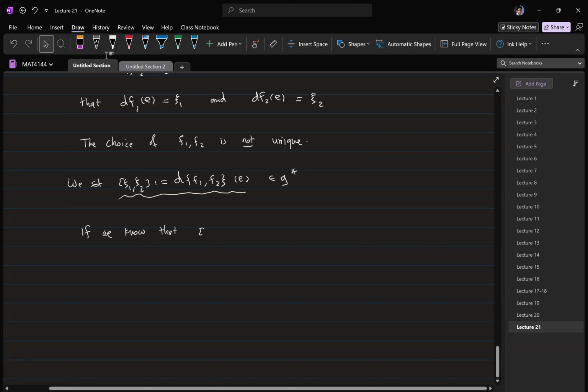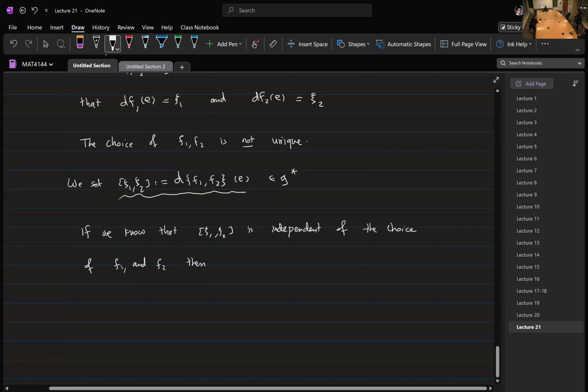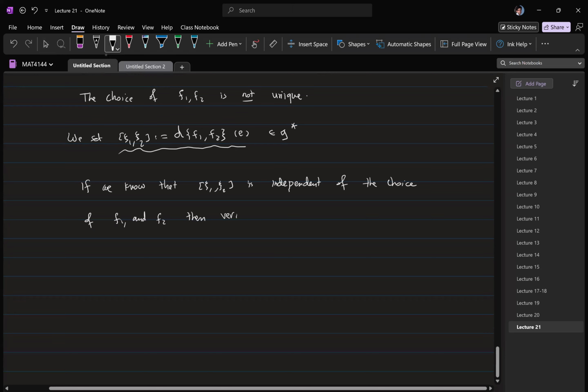So if we know that this bracket of C1, C2 is independent of the choice of F1 and F2, then verifying that we have a Lie bracket is straightforward.